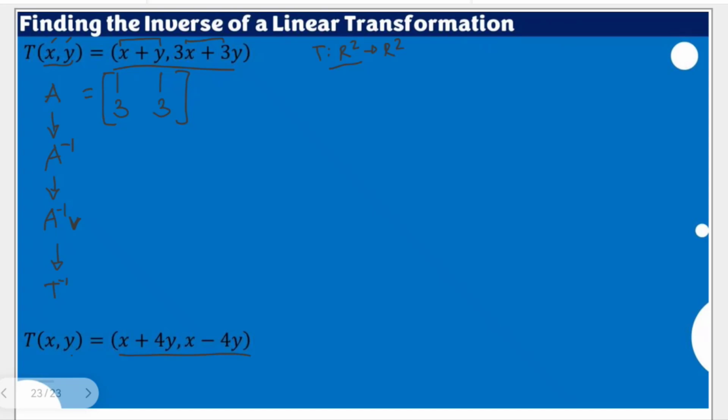But of course, if you have missed that analysis, we can solve the inverse of our standard matrix following this. Since this is a 2 by 2 matrix, we're going to use the theorem we've learned before. In this process, we can come up with the inverse of our matrix A, where A is equal to 1, B is 1, C is 3, and D is also 3.